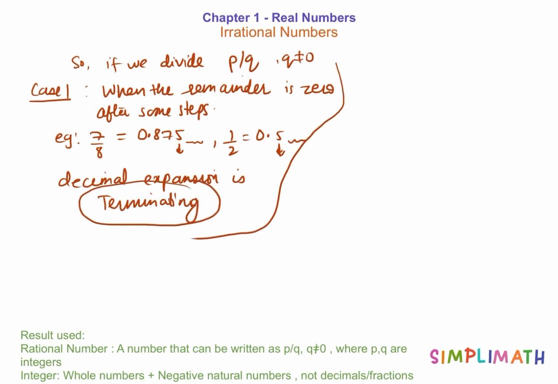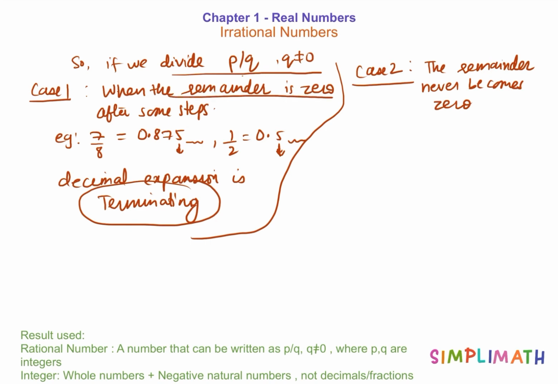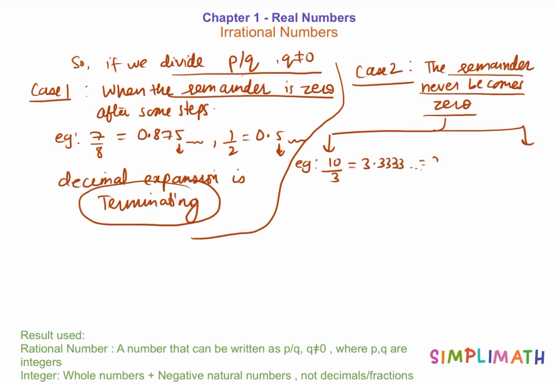Now case number 2. If we divide p by q and q is not equal to 0, case number 2 is the remainder never becomes 0. Here the remainder becomes 0 after some steps, and here the remainder never becomes 0. This can be subdivided into two categories. For example, if we divide 10 by 3, we get 3.3333, which can be written as 3.3 bar.